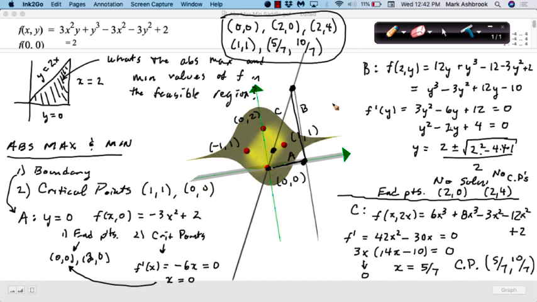Remember? The red ones are the critical points of the surface. You only consider the ones that are in your feasible region. So there's 1, 1, it's inside. Last class, we found the 4 critical points of the surface.